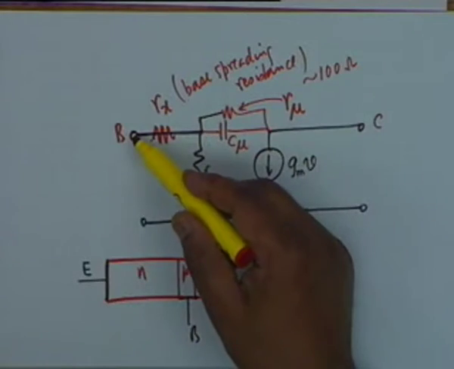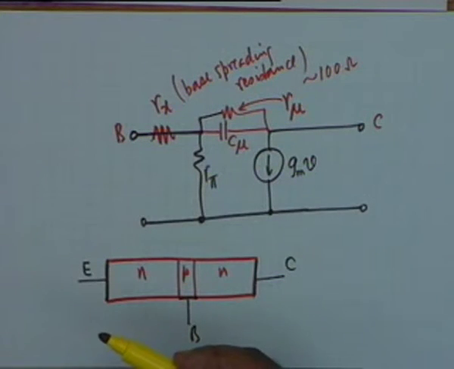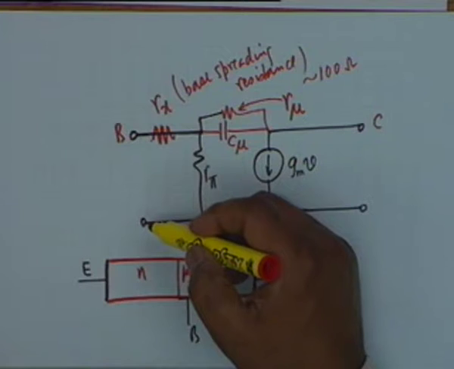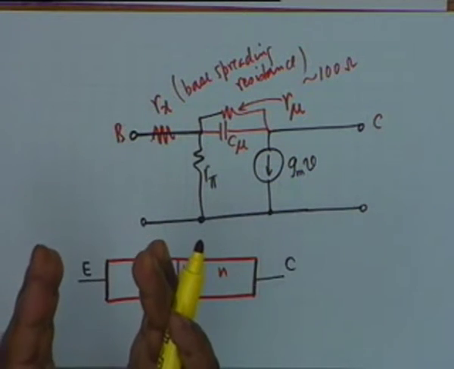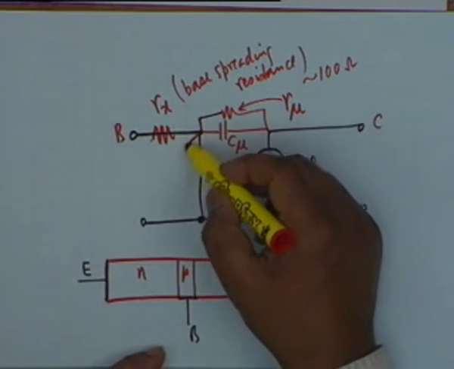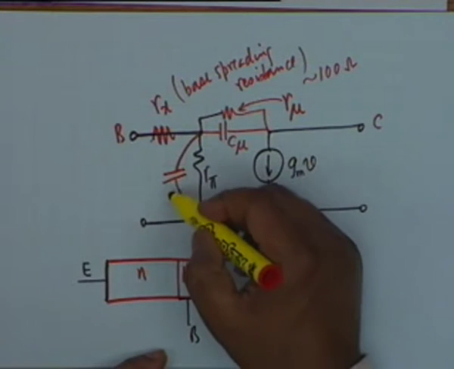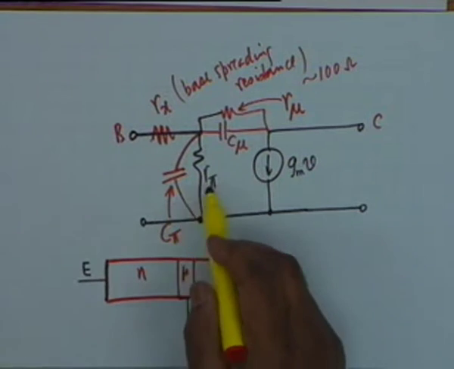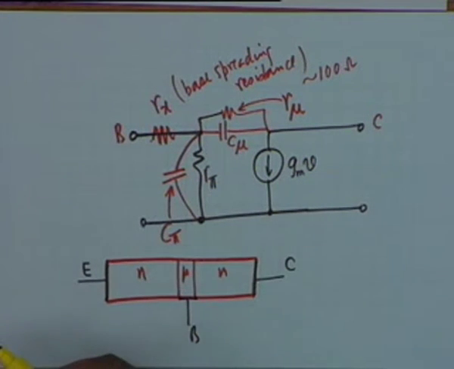In addition, you know the base emitter junction also contributes to a capacitor, alright. The base emitter junction also, there is still a separation of charges. So, there is a capacitance here also, and this capacitance is called C pi. The capacitance in parallel with R pi is called C pi, alright.